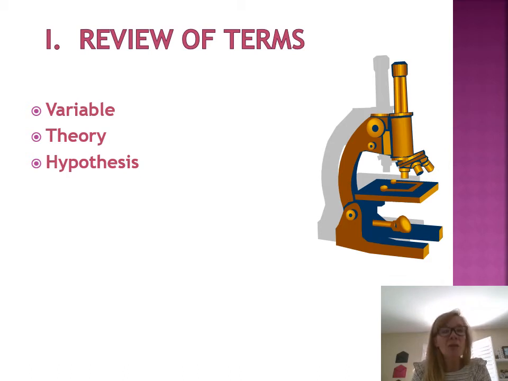A hypothesis is a statement about the expected relationship between variables. So it's a prediction. If all these things are true and these conditions are met, then this is what I expect to happen. So it's a statement about what you expect to happen with regard to the relationship between variables.